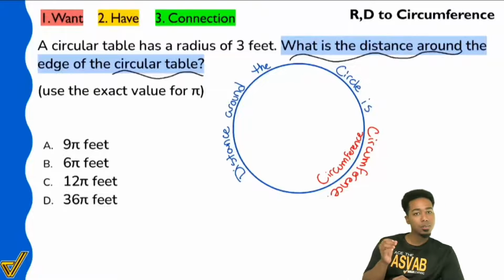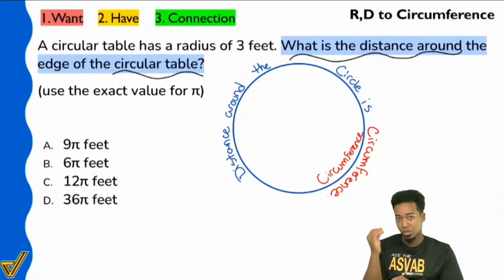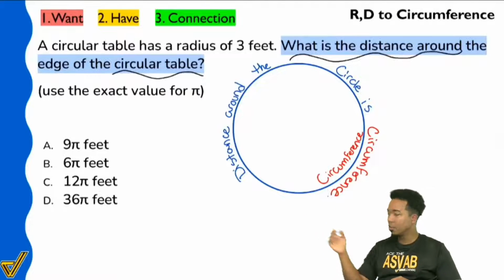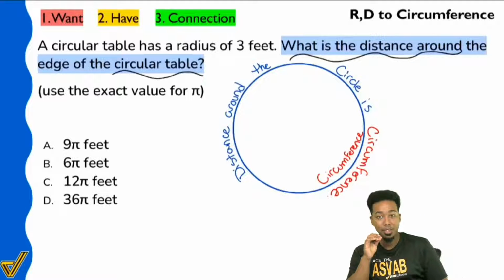Now, since we know we're looking for the circumference of a circle, everyone, what's the next thing I say to always think of whenever you're given a specific math term? What's the next thing we might want to do here?